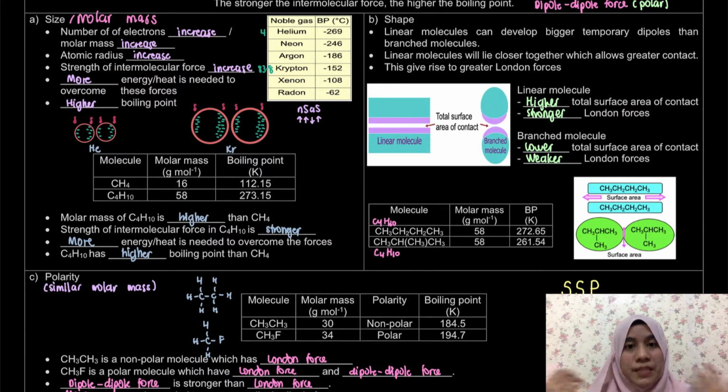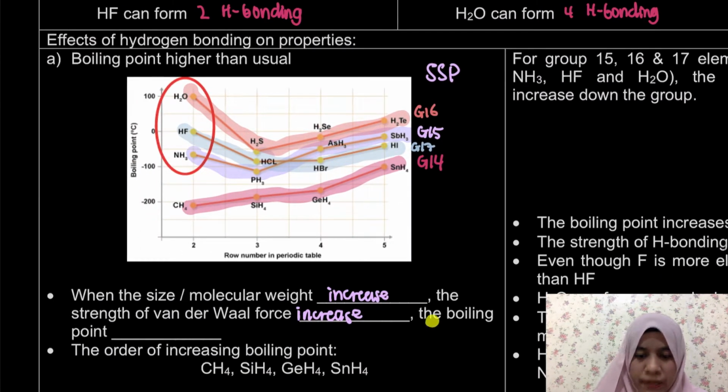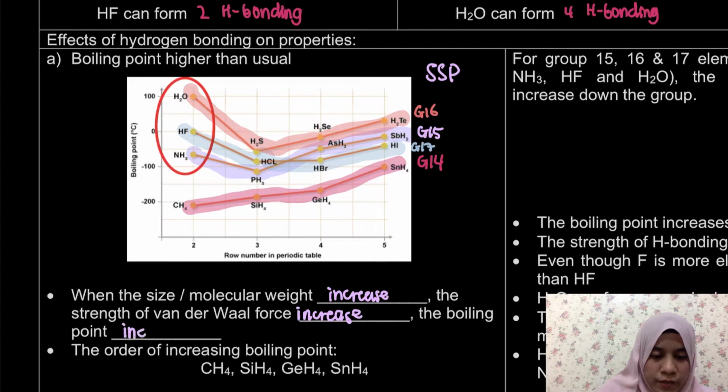So bila the bigger size, it will have a stronger attraction ataupun a stronger intermolecular force. Okay. So what happens is that more energy is needed lah kalau kita nak break the bond between the molecules. We need more energy to overcome the force. So that's why we will have the boiling point increase.